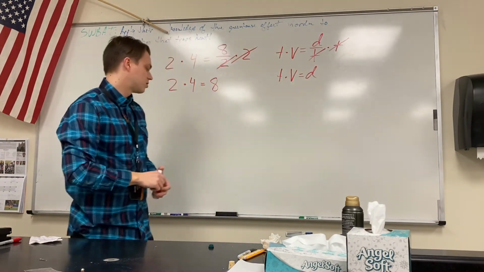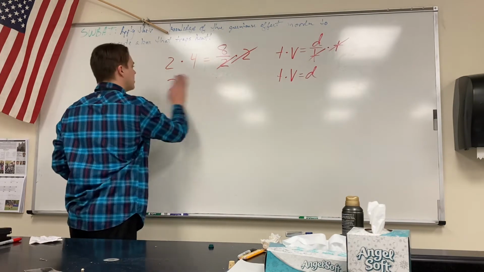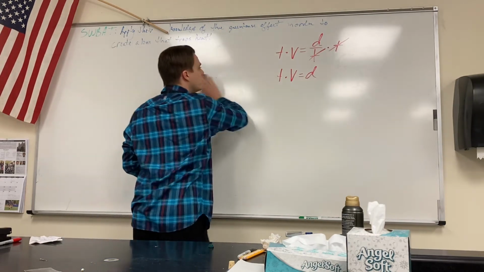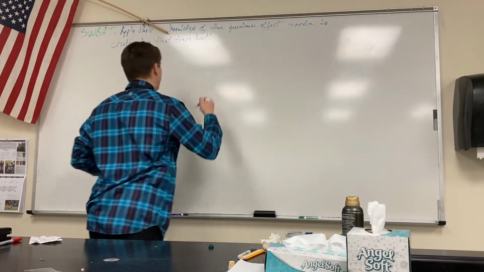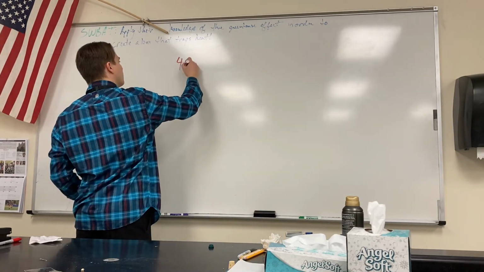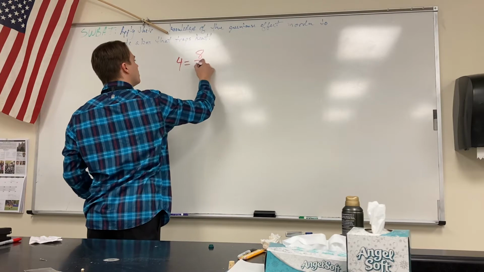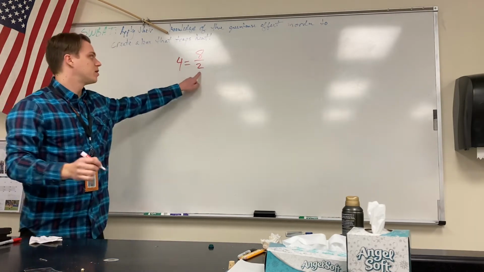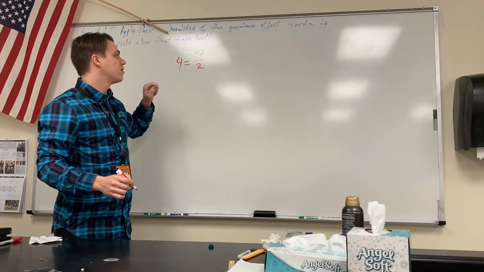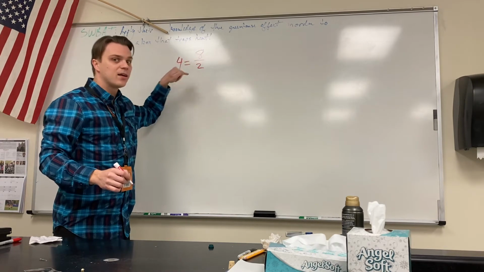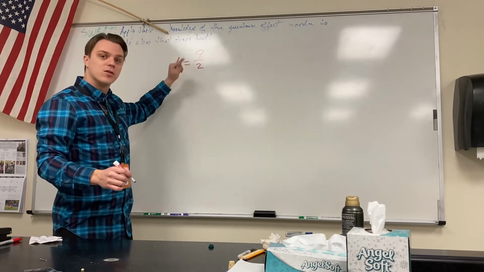Let's say we wanted to use the 4-8-2 rule, 4 equals 8 over 2, in order to solve for 2 to be alone. Unfortunately, we can't just move the 8 because it's 8 divided by 2, so that divided goes with the 2.